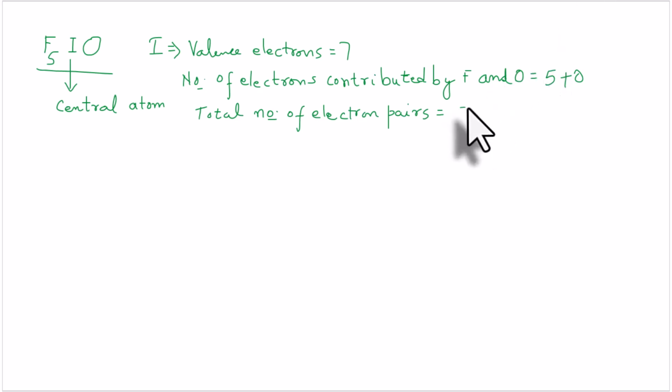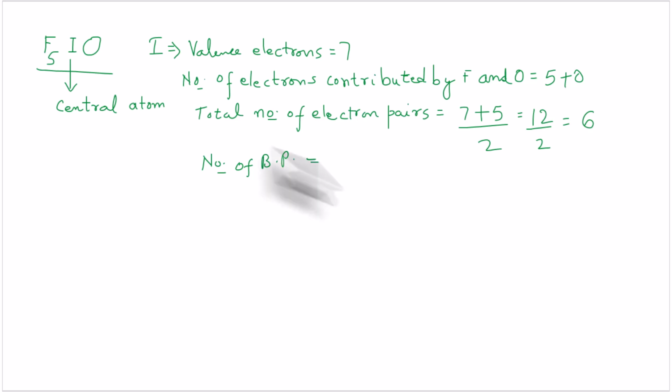Then we calculate from this data the total number of electron pairs. So how many? 7 plus 5 is equal to 12, and that has to be divided by 2 for electron pairs. So we have 6 total electron pairs. So how many bond pairs? 5 fluorine atoms and 1 oxygen atom are connected, so number of bond pairs should be 6.